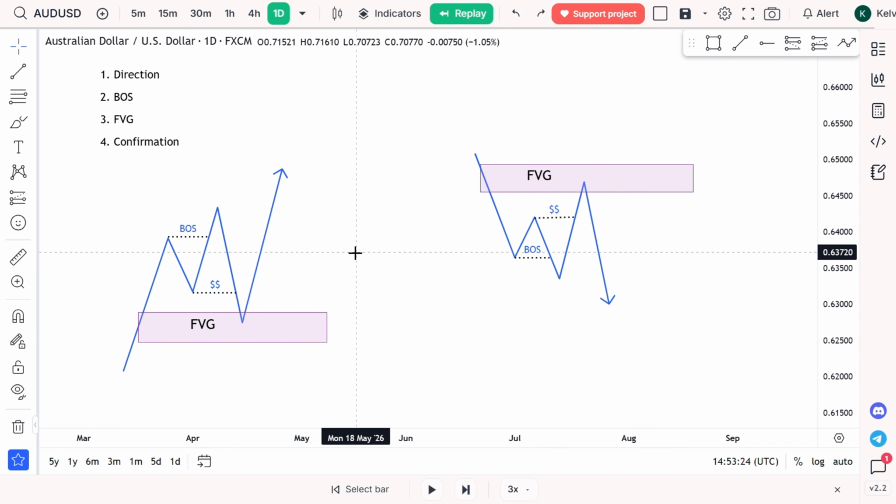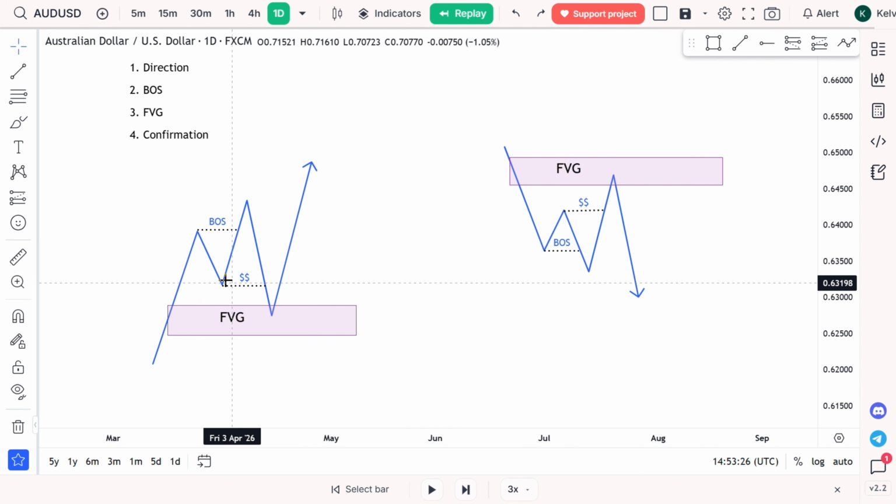In terms of liquidity, this low that formed the break of structure is the liquidity, and it will help you to avoid being liquidated around this area. So if you have an order block around this point here, it will help you to note down that there is a fair value gap below, and this low has a high probability of being used as liquidity.